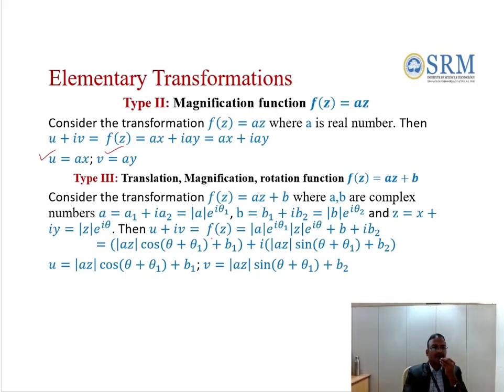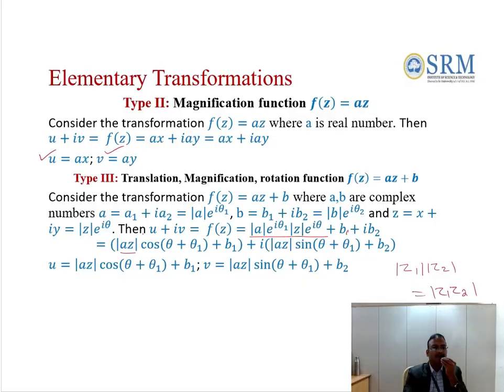Therefore, u + iv can be written as |a| e^(iθ1) times |z| e^(iθ) plus b1 + ib2. Then in the first term, |a| and |z| are positive real numbers, so we can club them. There is a property, |z1| |z2| = |z1 z2|.